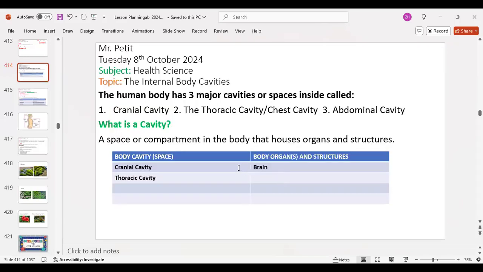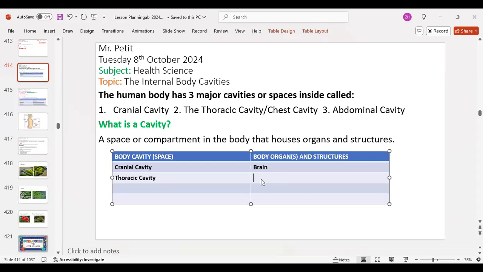What else? How about the trachea? Isn't the trachea also a part of that cavity as well? It's not an organ, but it's still there.